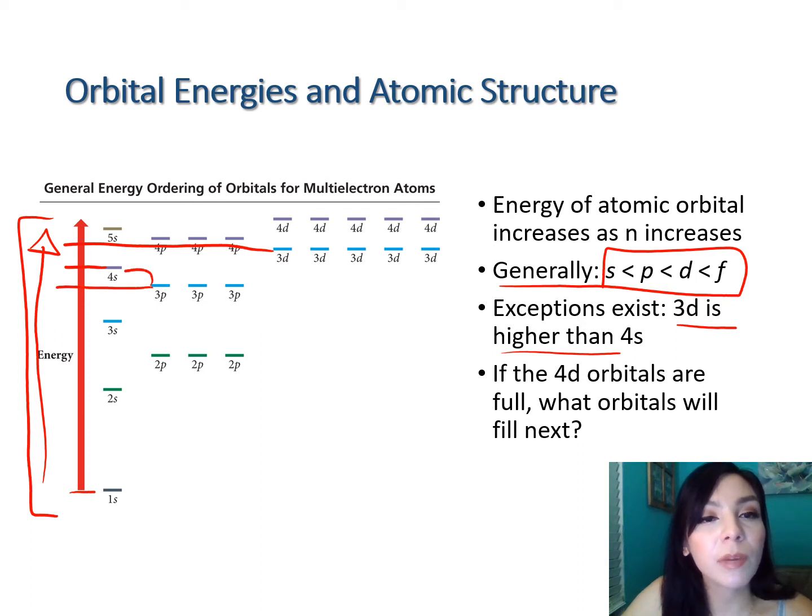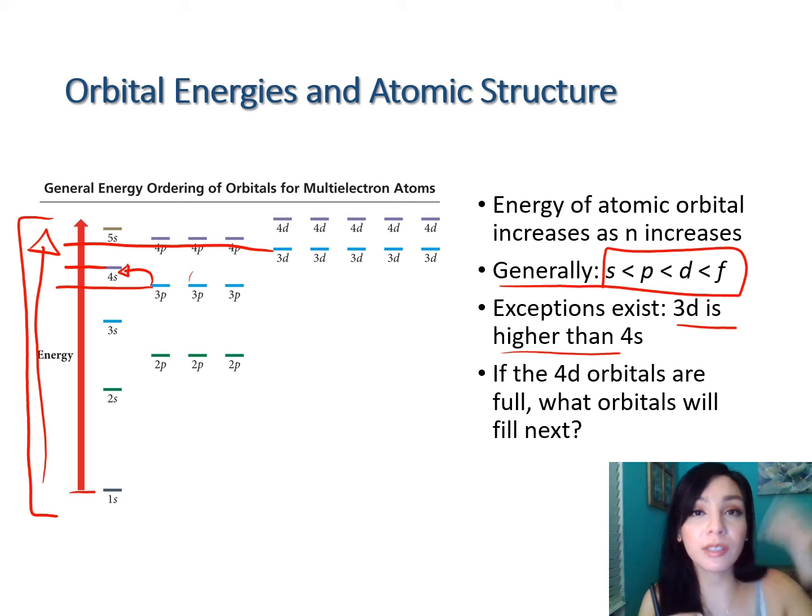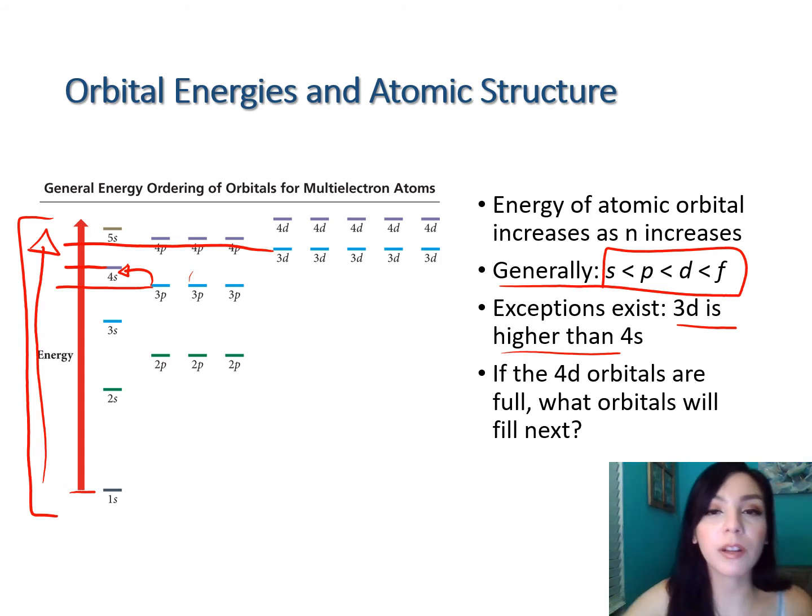That jump is smaller in comparison to the 3D jump. So orbitals, think of them as lazy. They want to go to whatever is nearest above them. So instead of going to 3D, they're going to go to 4S first because the jump is smaller. So keep in mind that this has to do with energy.